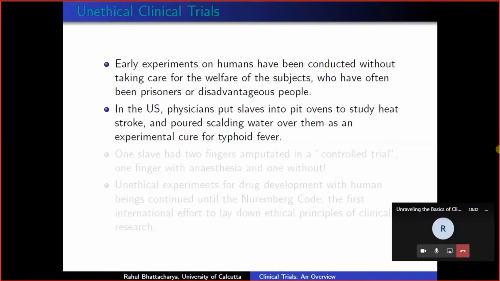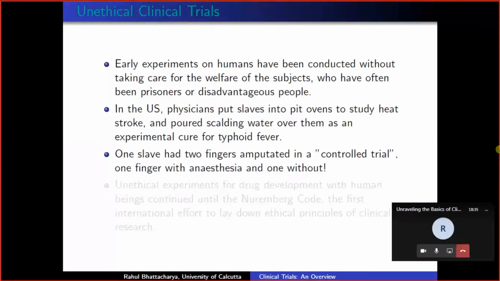The next one is an example of a controlled trial where one slave had two fingers amputated, one finger with anesthesia and one without. The idea is to see which feels more pain, with anesthesia or without.